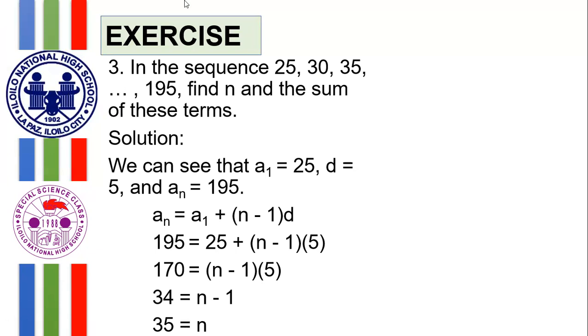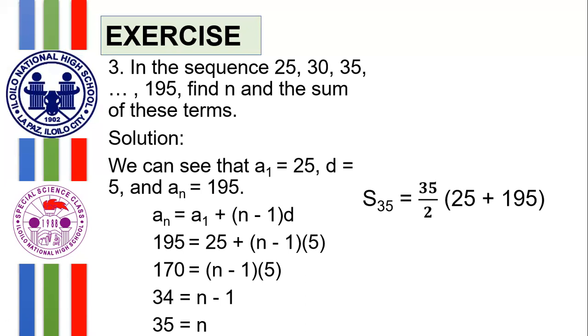And since we know now the value of our n, and you are given the common difference 5, note, by the way, you could utilize either of the formulas because anyway, we know the last term, which is 195, that's your a sub n. We also know the common difference, so whichever is applicable. For now, I use the shorter version of the formula.